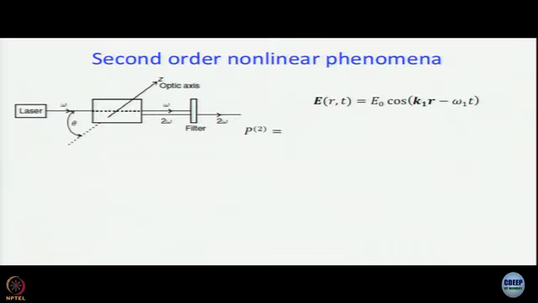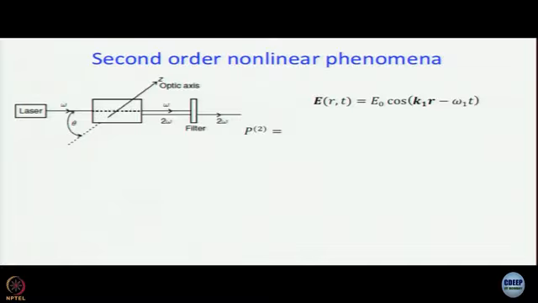E0 square, that is a good beginning. Then cos square of k1 r minus omega 1 t. It is very simple. As I have said many times in many different fora, I never ask difficult questions. But now I want to ask a question, let us see if you remember our higher secondary trigonometry.